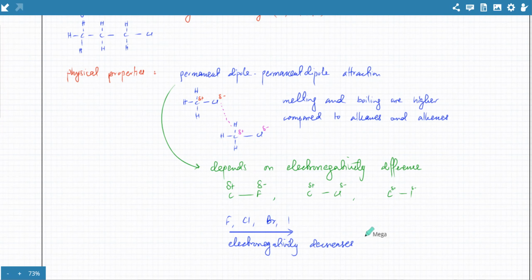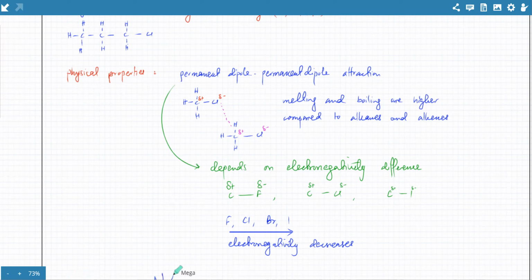They're obviously not going to conduct electricity, and they're not going to be soluble in water. Or you can also compare it with alkanes and alkenes. The solubility might be slightly higher, but not really soluble. So we're going to talk about that as well.